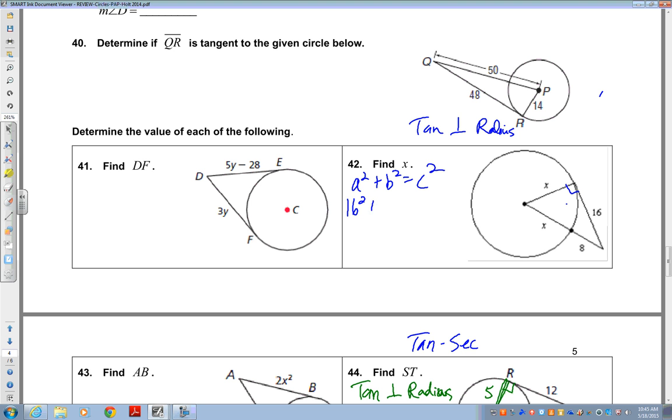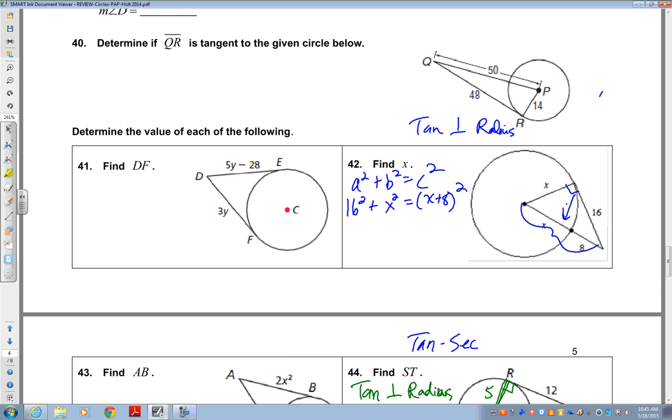That is correct. That is a leg. Plus x squared. That is also a leg. No. x plus 8 squared. The hypotenuse is the longest side, the side opposite the right angle. That means we have to add those two parts together to get the c.